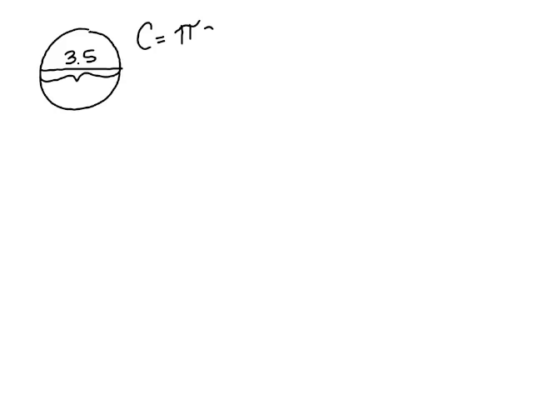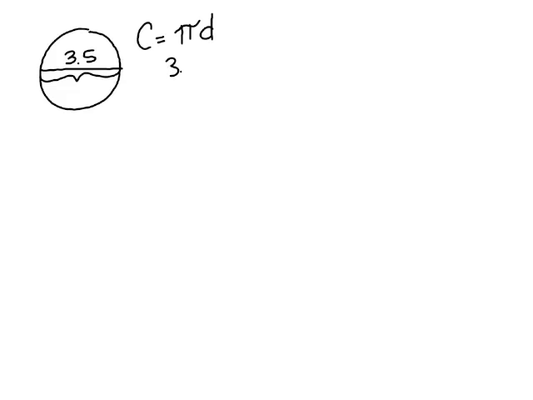A circle has a diameter of 3.5 inches. So there's my diameter. How do I figure out the circumference? What's the formula for circumference? Pi times the diameter.